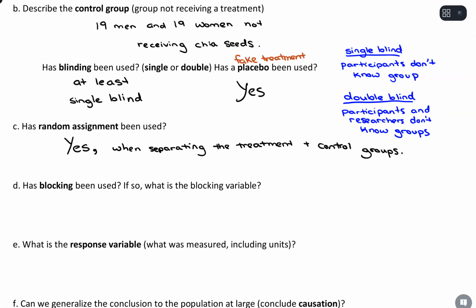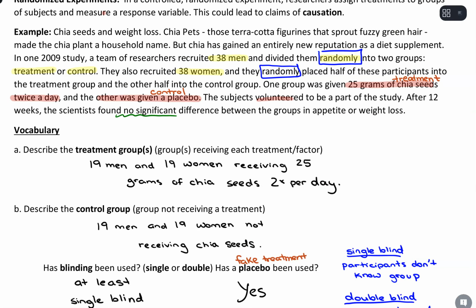Has blocking been used? So this will come up every now and then. It's not always part of a study, but blocking is when you separate your groups by some characteristic. Separate subjects by some characteristic. In this case, we have separation by gender. They kind of describe this group of men separately from a group of women.